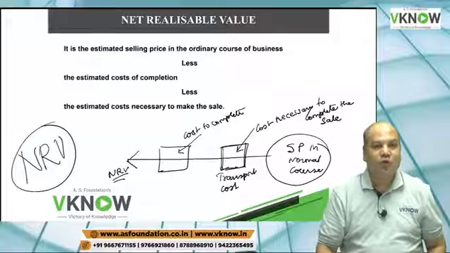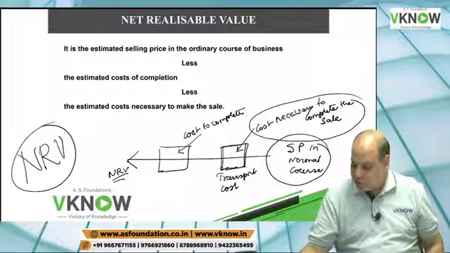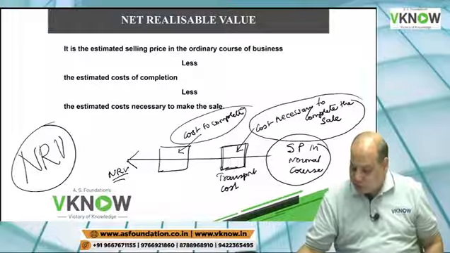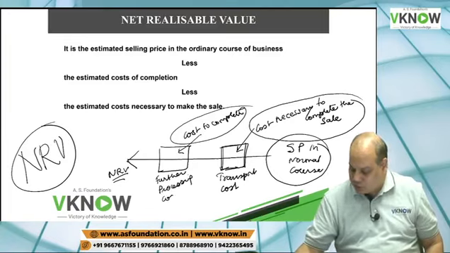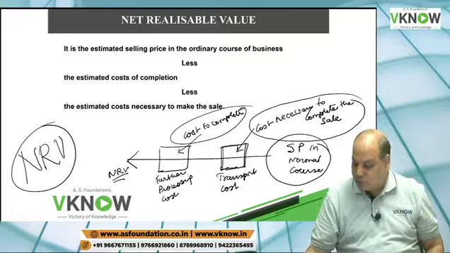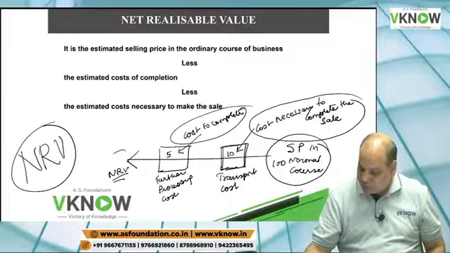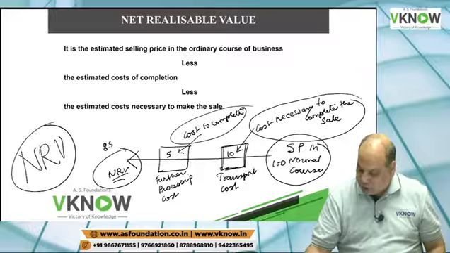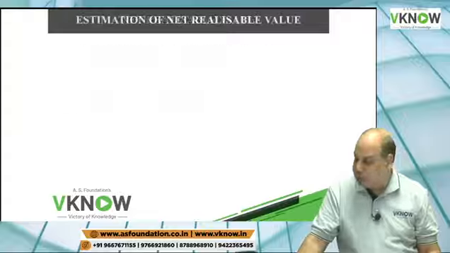There is a cost involved, that is called cost necessary to make the sale, and cost to complete means any further processing cost. Any further cost that will go in to complete the goods. So reverse working, if this is 100 rupees, this is 10, this is 5, what I will get in my pocket is 85, called NRV.